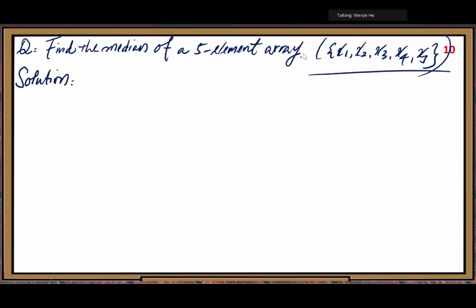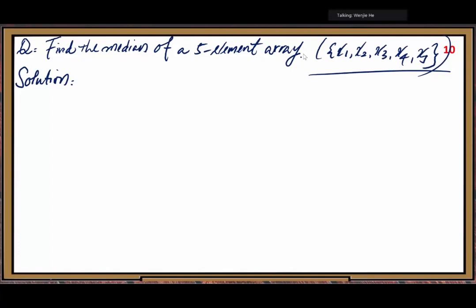First, let's recall how many comparisons we need to sort a 5-element array. We just did that question in the first half. To sort a 5-element array, we need 7 comparisons, right? Let's recall a little bit.